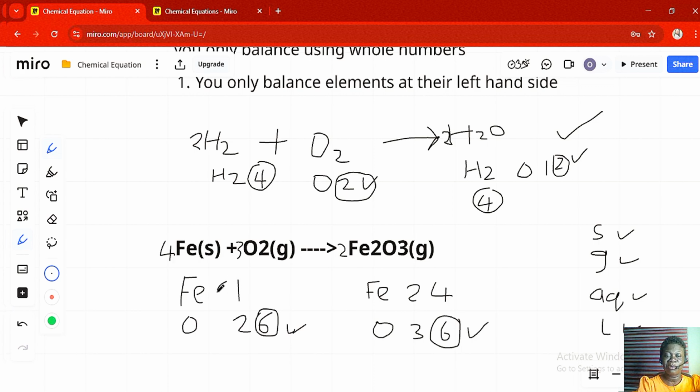So iron becomes 4. Now this shows that iron is 4 at the reactant side, iron is 4 at the product side. Oxygen is 6 at the reactant side, oxygen is 6 at the product side. This equation is now balanced.